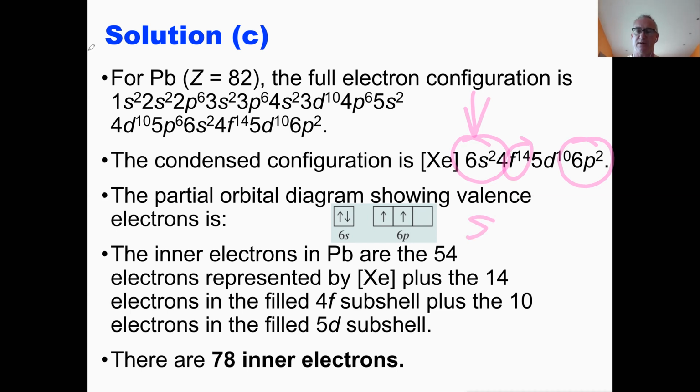Remember, S is the lowest energy, followed by P, followed by D, followed by F. So F is the highest energy subshell there is. So generally, you fill those last. You fill in these higher, further away ones first before you fill in the F.